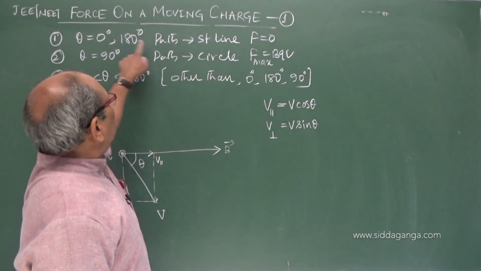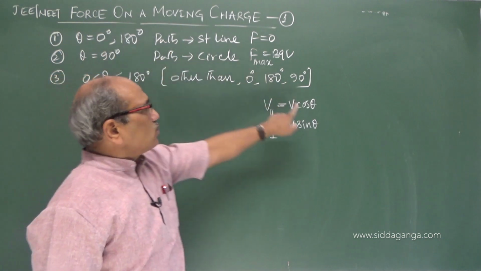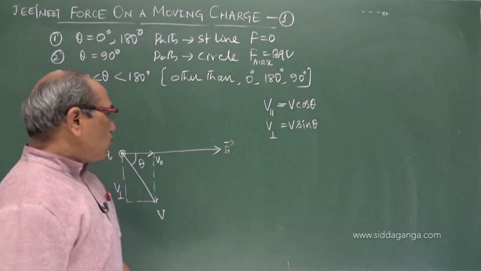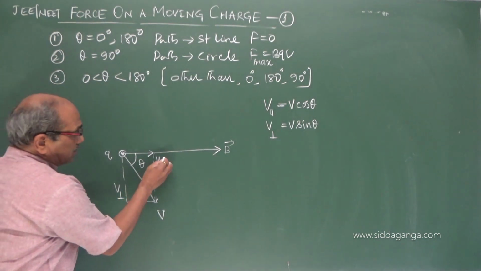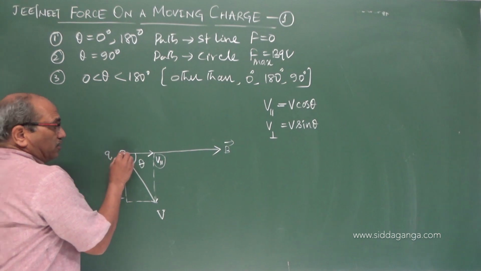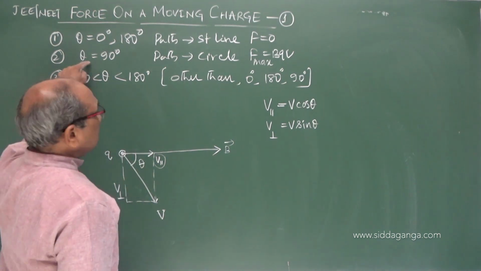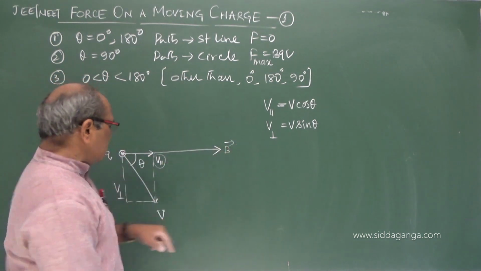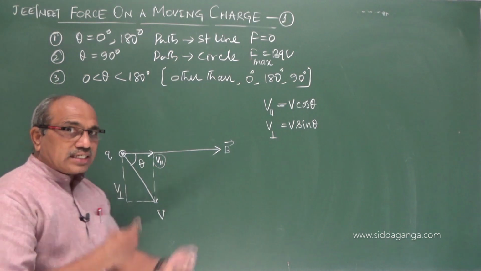Parallel means theta is 0 or 180, cos 0 or cos 180, which makes the path a straight line. That means this component of velocity asks the charged particle to travel along the direction of B. Whereas for theta 90, the perpendicular component sin theta asks the charge to describe a circle.